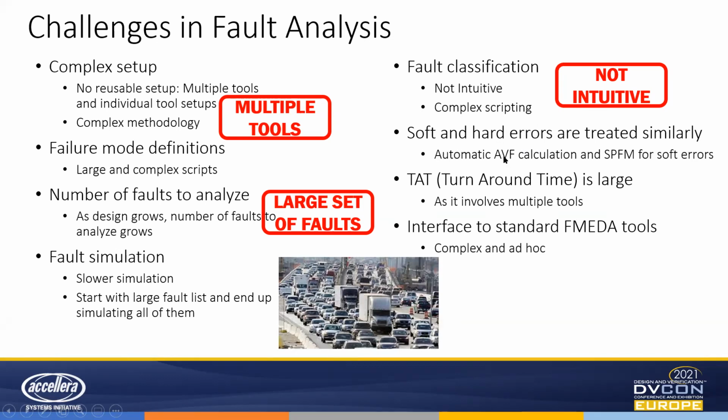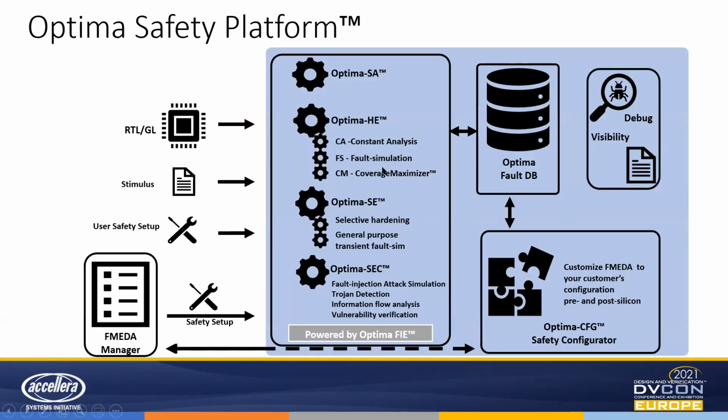But some of the metrics, like AVF, which is architectural vulnerability factor, which we'll see in the next few slides, and SPFM for soft errors should be calculated in a different way. And the turnaround time is very large, and interfaces to the standard FMEDA tools are complex and ad hoc. So these are some of the challenges brought out by different users and those who are doing functional safety verification.